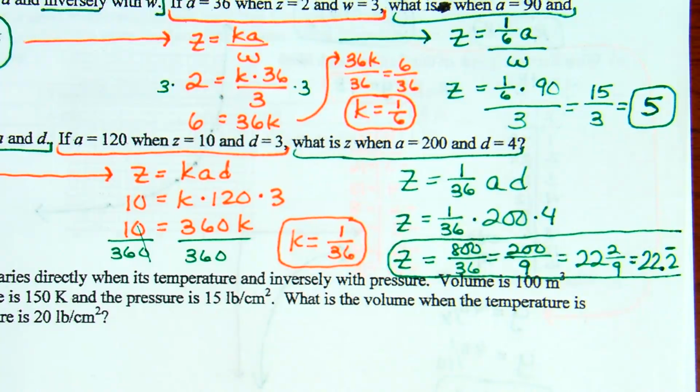Volume is 100 meters cubed when the temperature is 150 Kelvin and the pressure is 15 pounds per centimeter squared. What is the volume when the temperature is 250 Kelvin and the pressure is 20 pounds per centimeter squared? We can do this one exactly how we did the last two. You just have to get past the words.